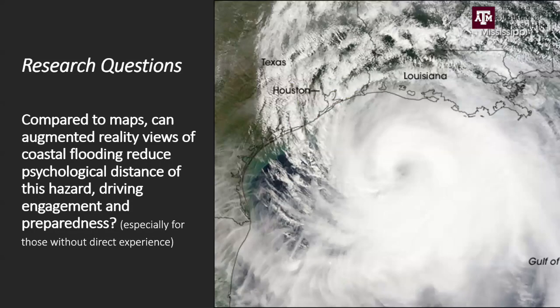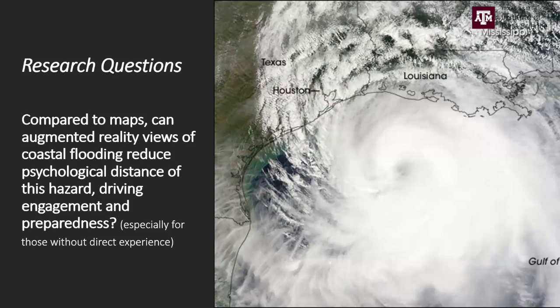So I had a couple of research questions that I wanted to explore with this first AR project using the Wikitude platform. The big question was whether AR tools, compared to maps, can reduce the psychological distance of coastal flooding and thereby drive engagement and preparedness, especially for those without direct experience.